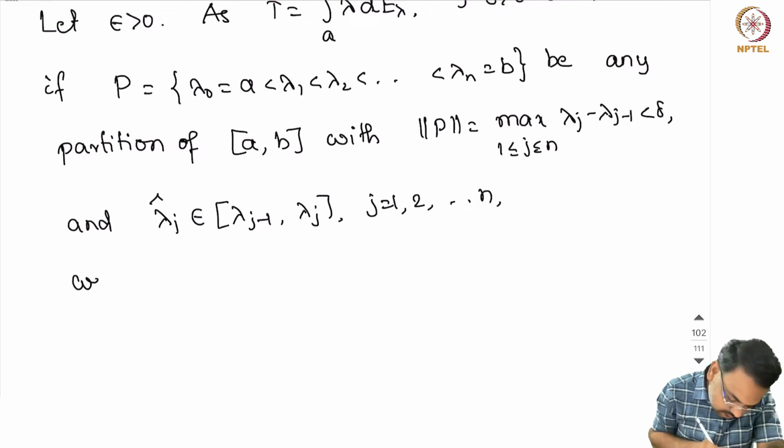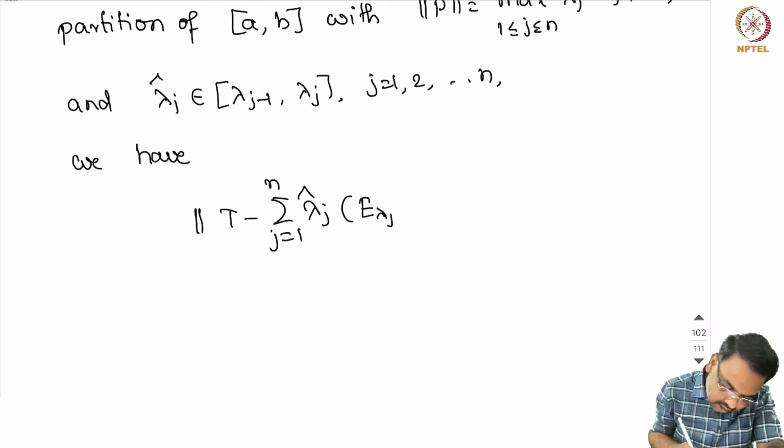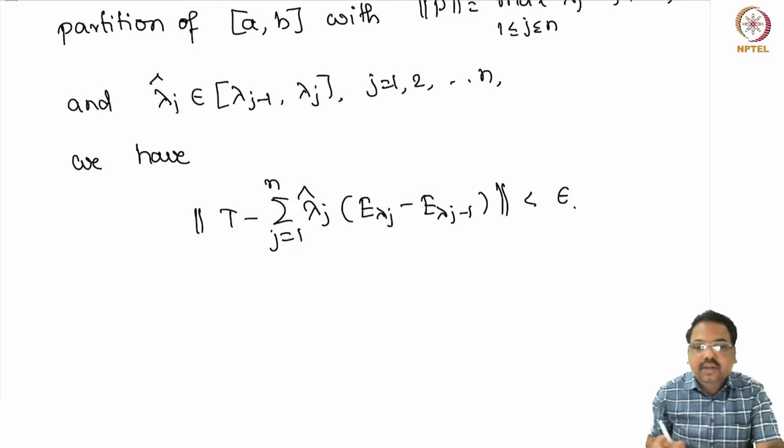so we have that norm of T minus summation j equal to 1 to n lambda j hat (E lambda j minus E lambda j minus 1) norm is less than epsilon.